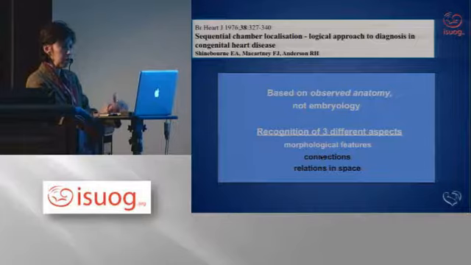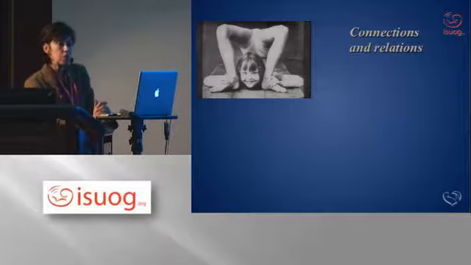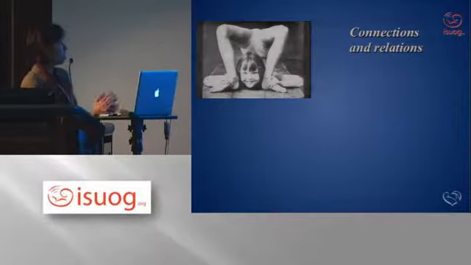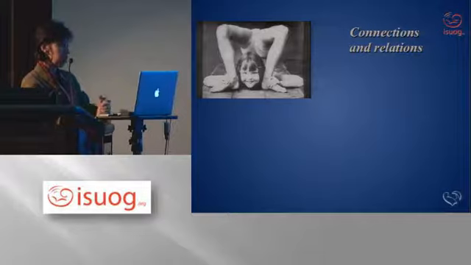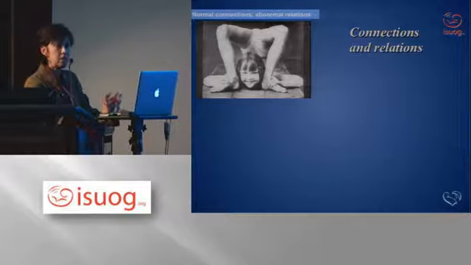In the sequential analysis, we'll be looking at connections, which is how those pieces are put together, and their relations in space. To understand the difference between connections and relations, I'm just going to use some interesting pictures. Here we have everything connected in the normal way.